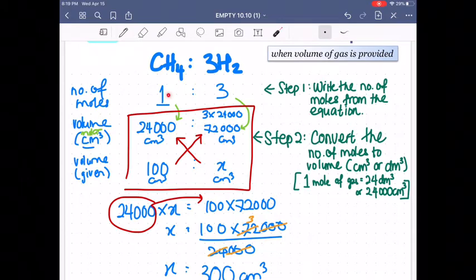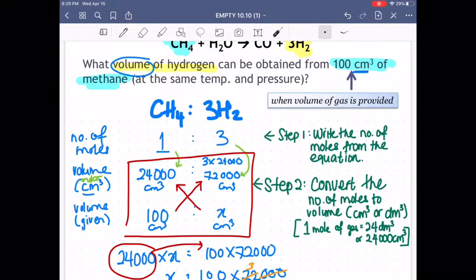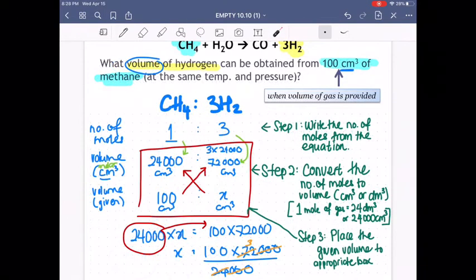From the number of moles you got here, for example 1 mole, you convert to the volume. According to the question, you need it in cm³. So 1 mole of any gas should be equal to 24,000 cm³. If 3 moles of the gas, it is 3 times 24,000, you get 72,000 cm³. Step 3, you place the given volume in the appropriate box.